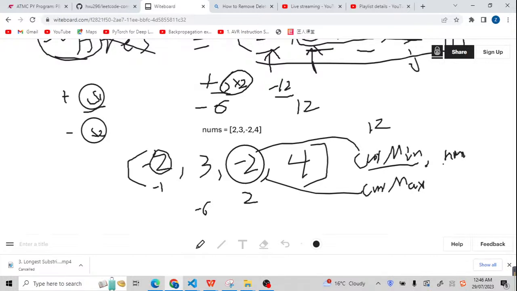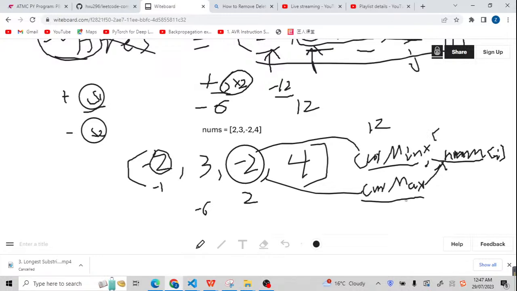So here I have my current nums, for example nums[i], and I also need to have two values. One value is the maximum, another value is the minimum. So for example, if I were to calculate the current maximum, I need to include nums[i], and also the value before it. Before it, it may be the current minimum times my nums[i].